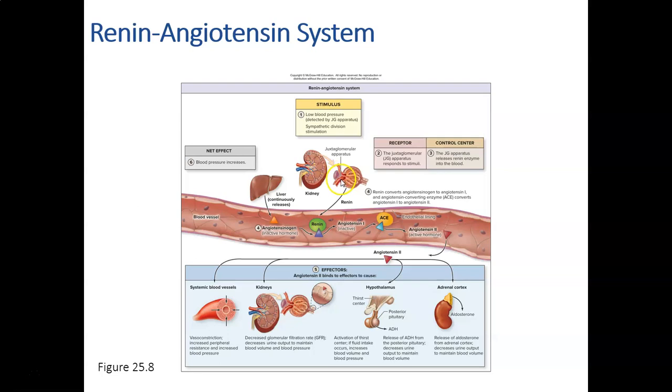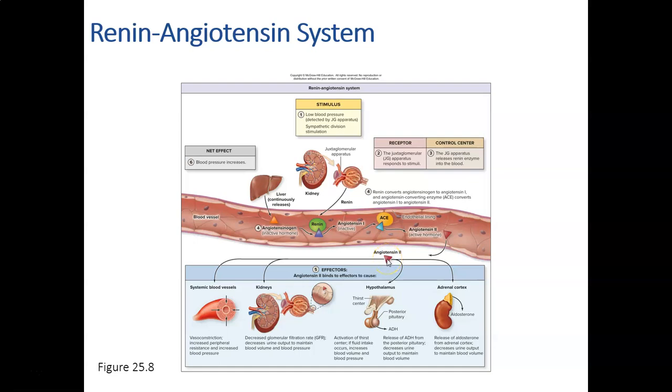So that's another stimulus for the granular cells to generate renin. And renin is going to come in and, not directly but eventually, generate angiotensin 2, the active hormone.